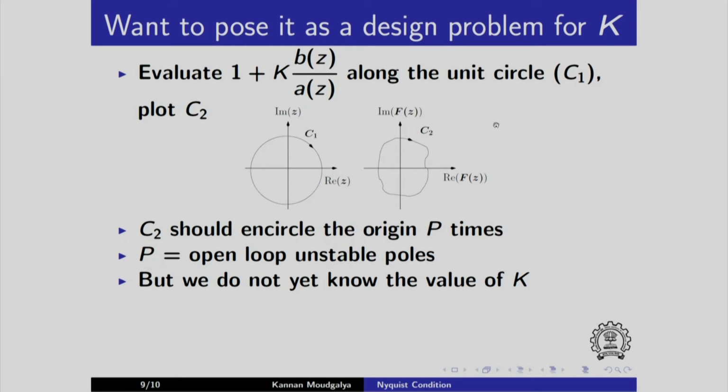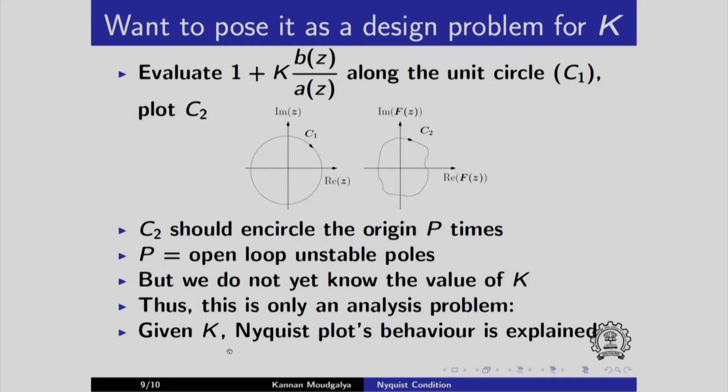But the question is, can I use this method to design k, to determine k? Thus whatever we have done so far is an analysis problem. Given k, Nyquist plot is explained. So we want a design approach to calculate k, which will be explained in the next slide.